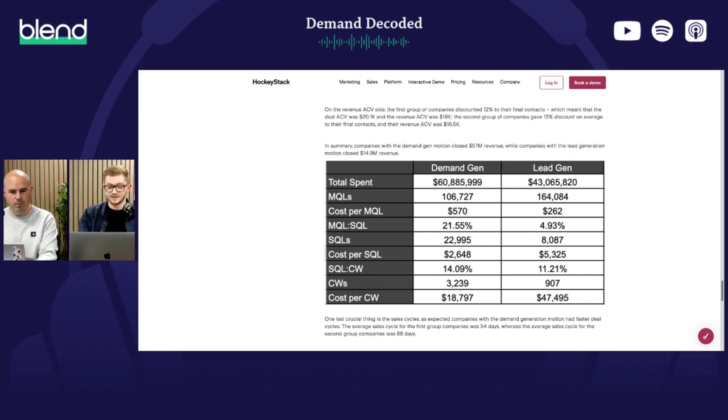It's highly likely you'll see numbers similar to this. But if you don't, then prove it for yourself. This is the best way to look at a side-by-side comparison: MQL to pipeline, to closed won, cost per closed won. Look at the efficiencies and inefficiencies within that.